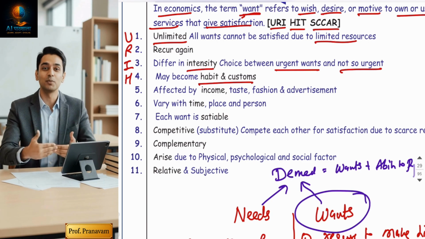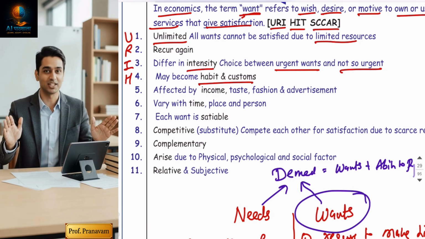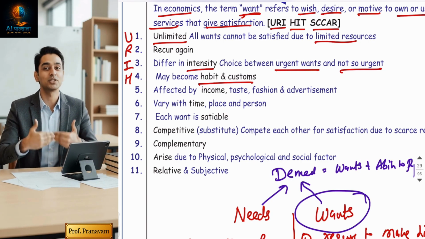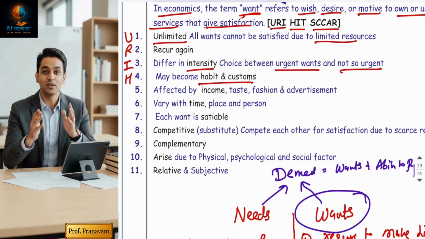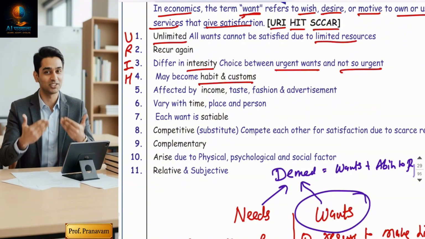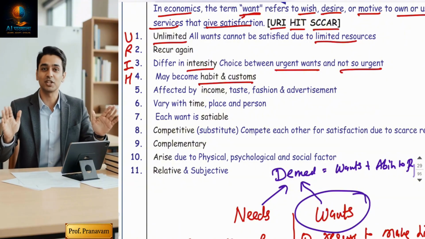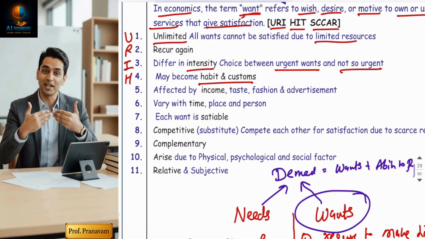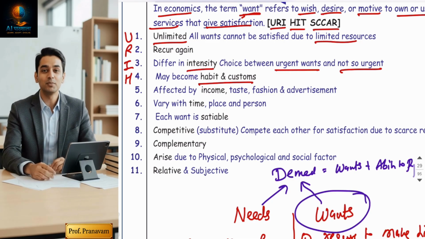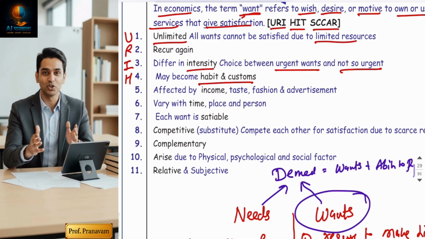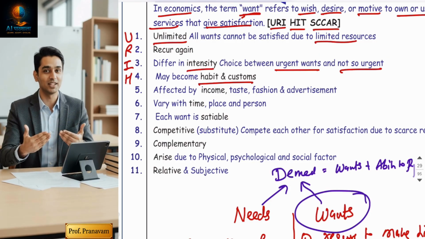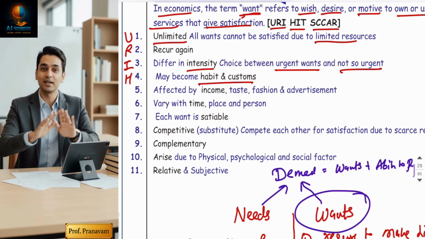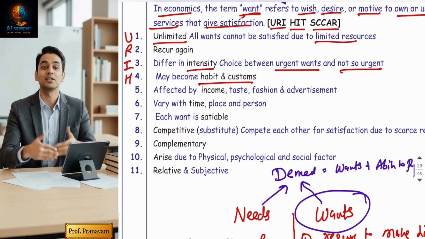Some things we are doing, for example shopping on Diwali. Now it is a custom, it means there is no need to do shopping, but for so many years it's a trend. On the Diwali occasion many people purchase gold and silver. So it's a custom. I feel on Diwali we should do the shopping. Otherwise, I don't feel like it's Diwali. So it's my habit now. It's a custom, a trend which we are following.